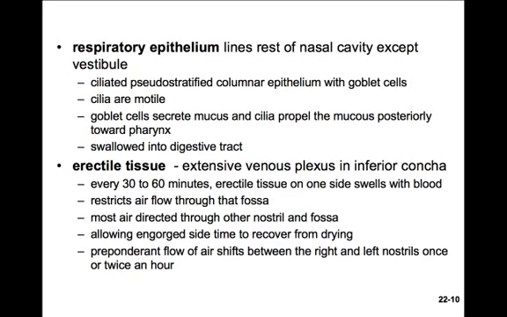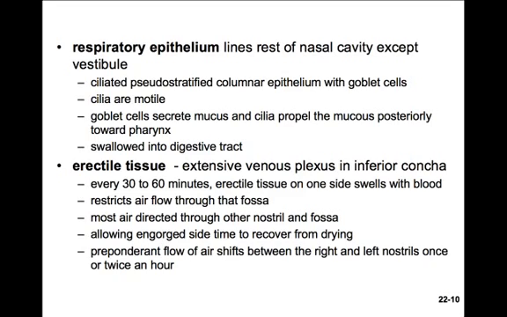The cilia are motile. So while the goblet cells are secreting mucus, the cilia are propelling that mucus posteriorly towards the pharynx, which is then swallowed, and then the mucus and any of its content is destroyed in the digestive tract.